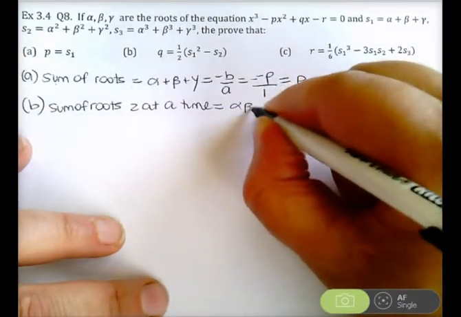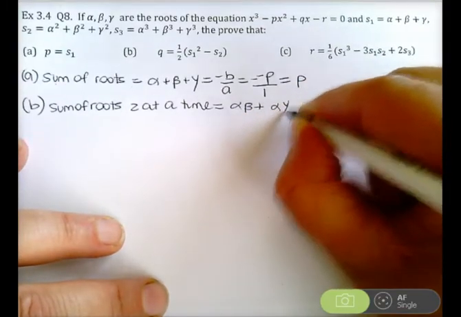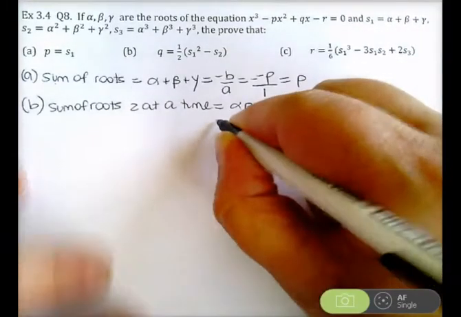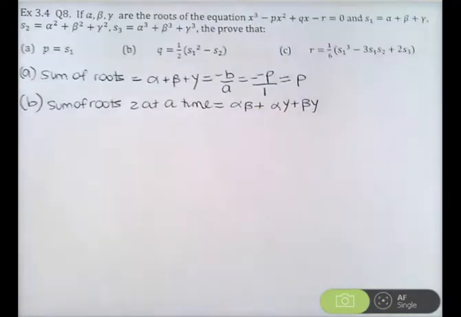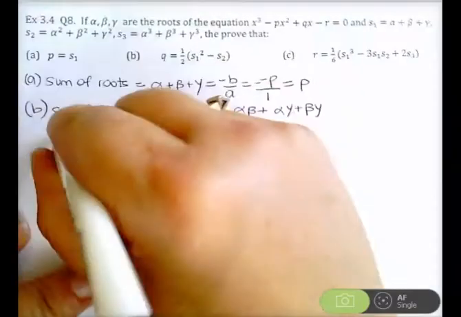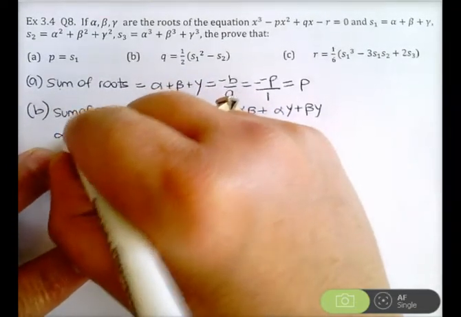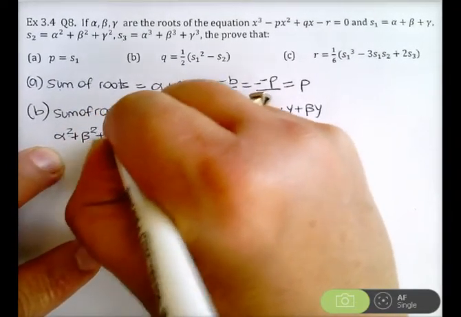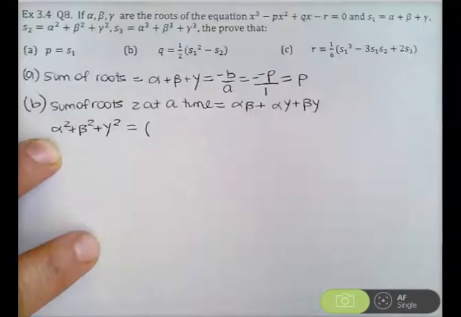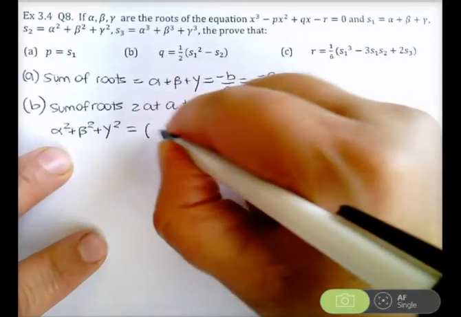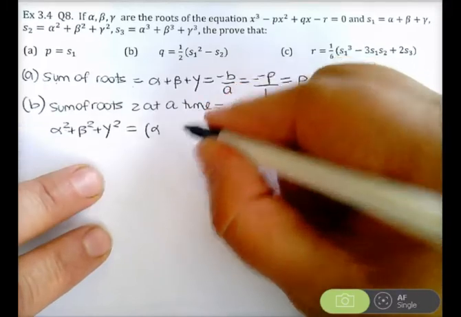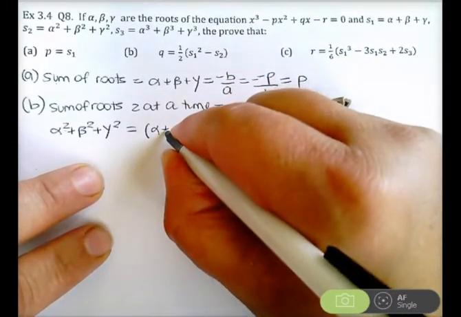It would be alpha times beta plus alpha times gamma plus beta times gamma. Now, we remember the result now, don't we? Alpha squared plus beta squared plus gamma squared, isn't it? Do you remember the result? Don't look back at it. It's just like alpha squared plus beta squared is just alpha plus beta squared minus 2 alpha beta.